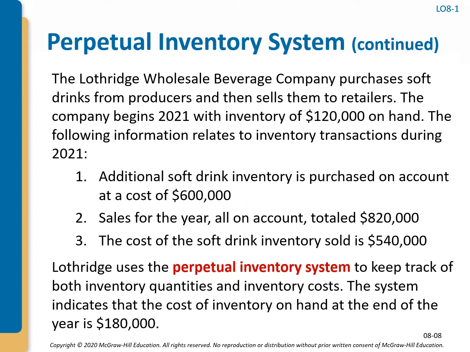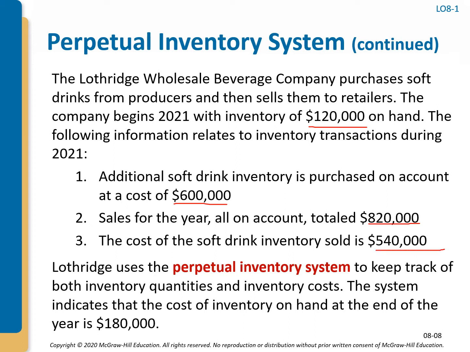So they begin the year with beginning inventory of 120,000. Additional soft drink inventory is purchased on account at a cost of 600,000. Sales during the year totaled 820,000. The cost of the soft drink sold is 540,000.